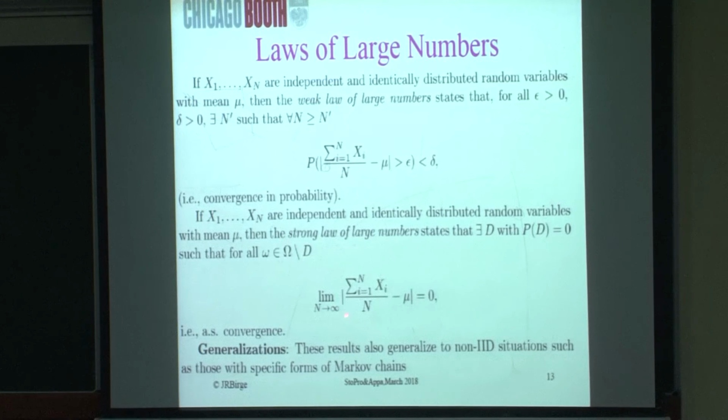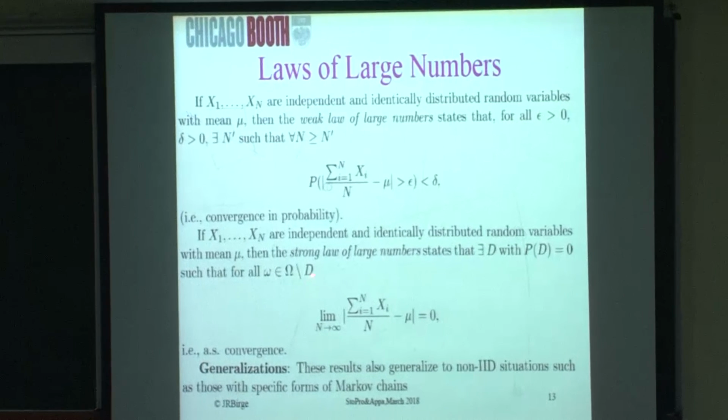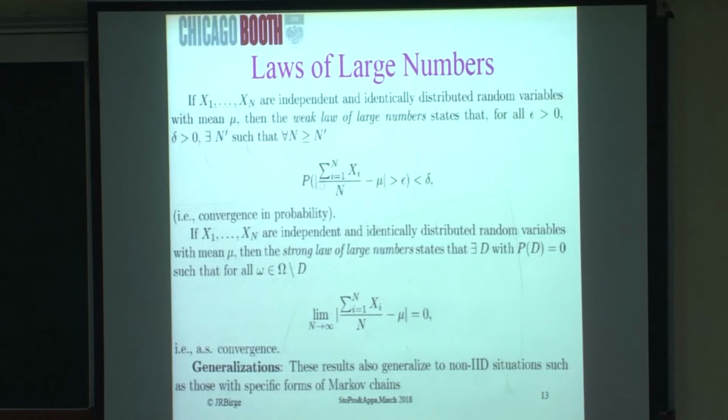So I have almost sure convergence as well. If I take the limit of the difference between the sample mean and the mean, the only exceptions are a set of omegas of probability 0. So everywhere except for a probability 0 set, this has to happen.